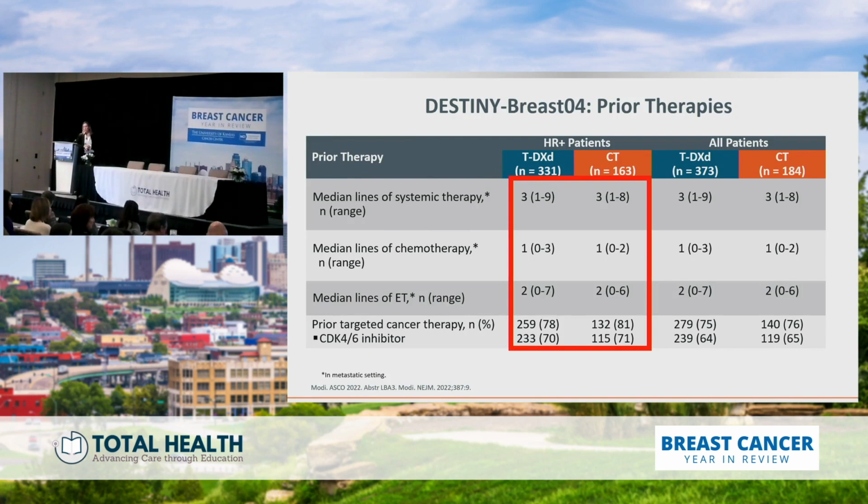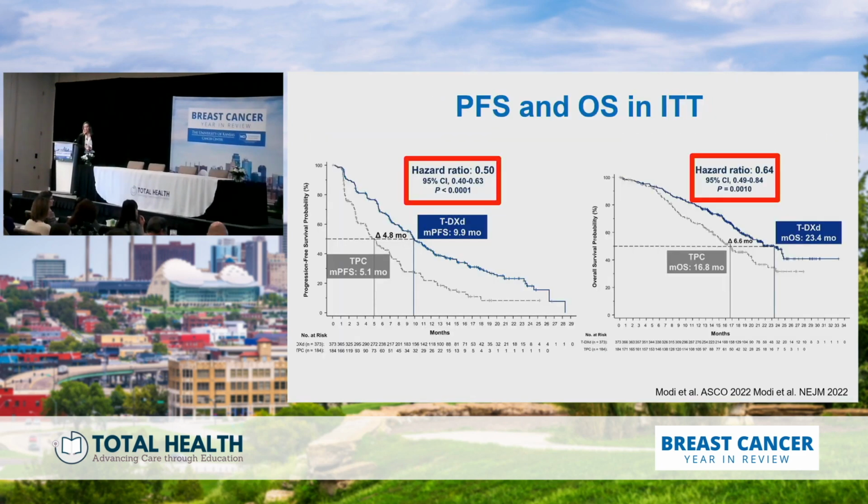It's worth noting, and I just boxed the hormone receptor positive population here because that was the majority population, that this is a well pre-treated population of patients with a median 3 lines of systemic therapy, a median 1 line of chemotherapy, and a couple lines of endocrine therapy. Most patients were also treated with CDK4/6 inhibitors.